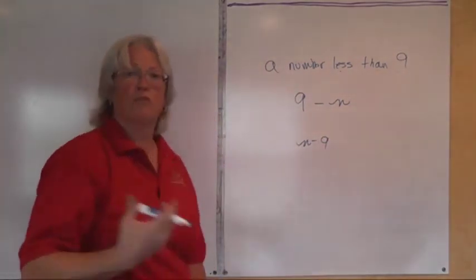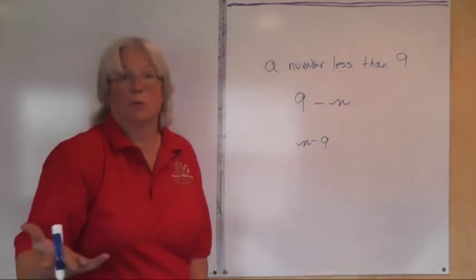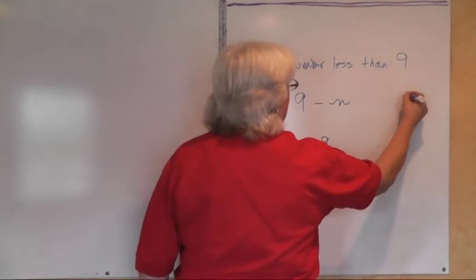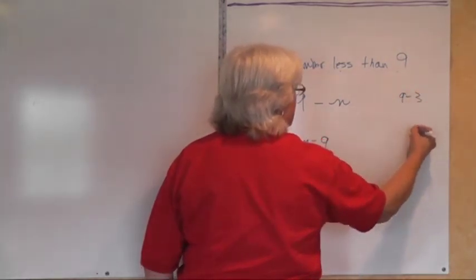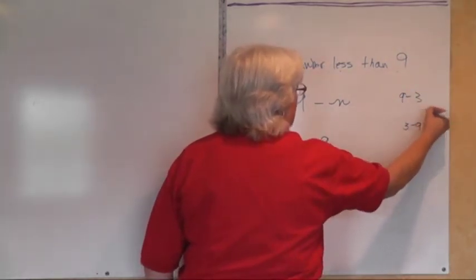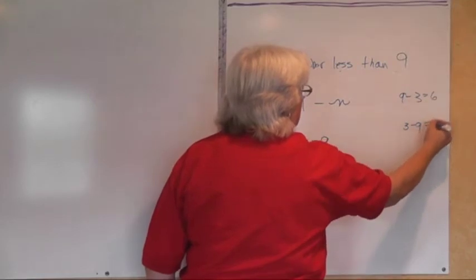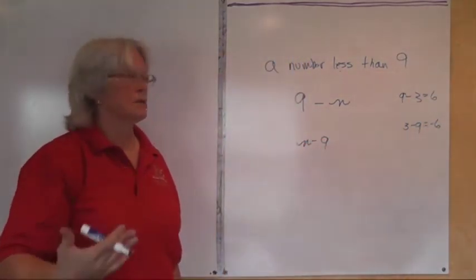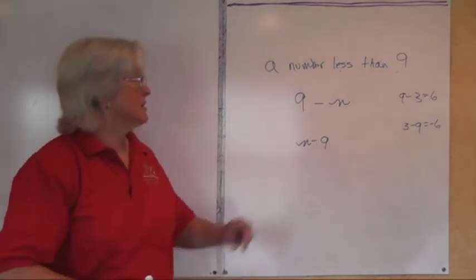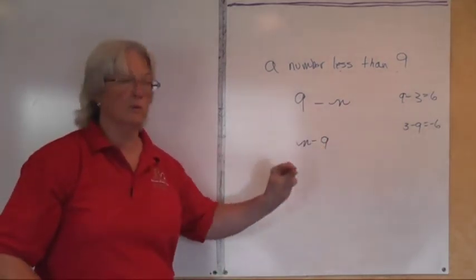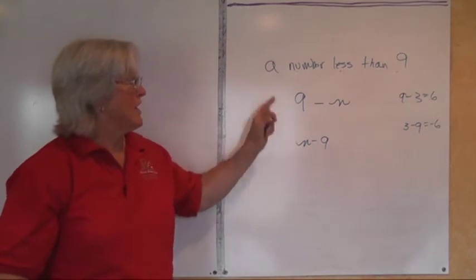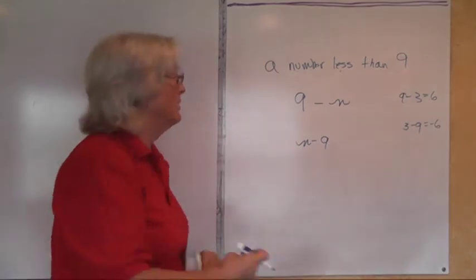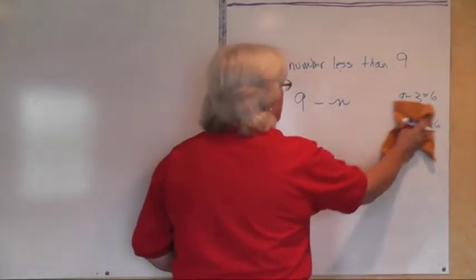Let's just say that for our purposes, n is equal to 3. So we have 9 minus 3, and 3 minus 9. 9 minus 3 is positive 6, 3 minus 9 is negative 6. Subtraction, remember, is not commutative, so you have to be very, very careful with subtraction.